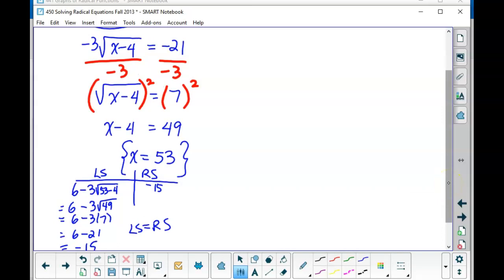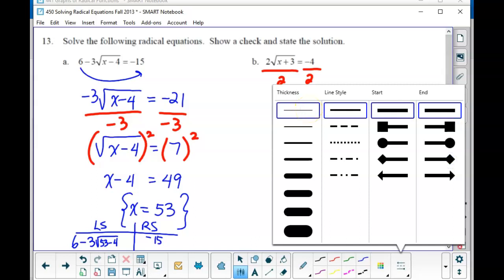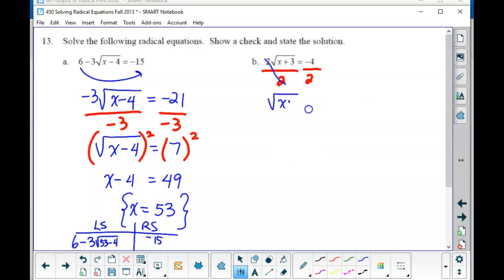Okay, then try the next one. You might notice right away here.